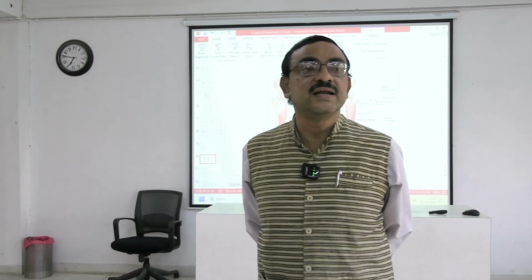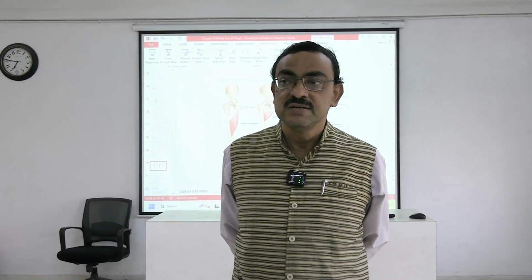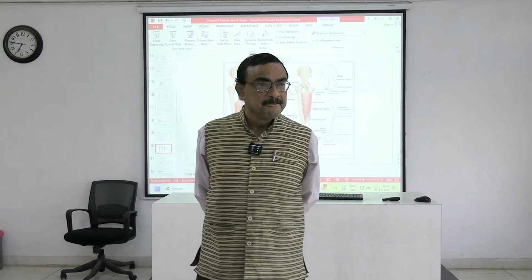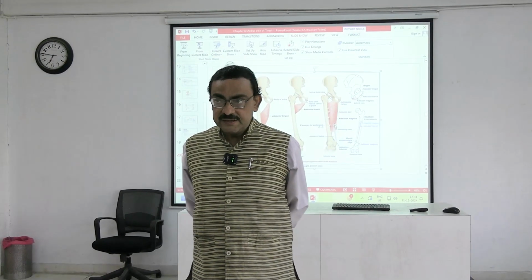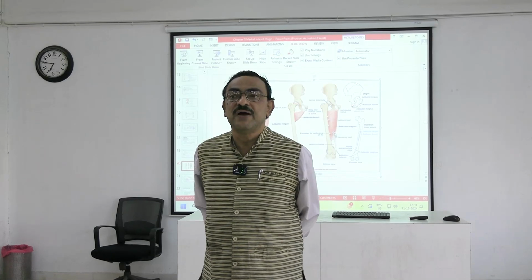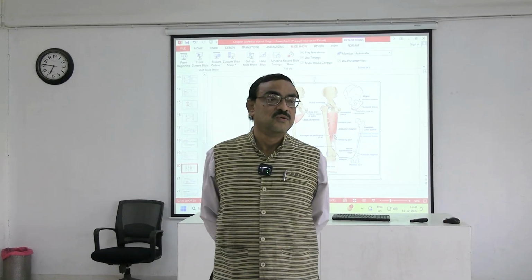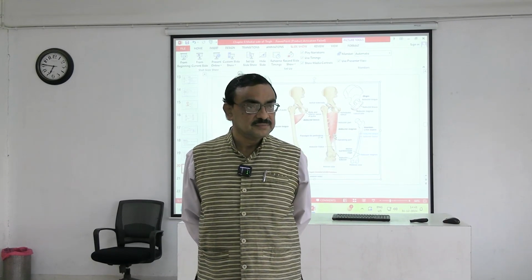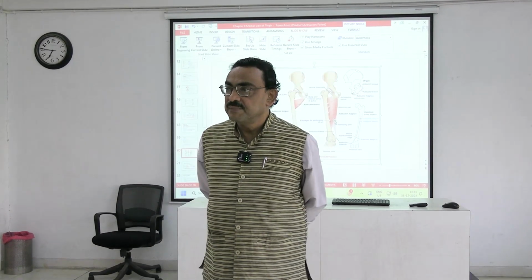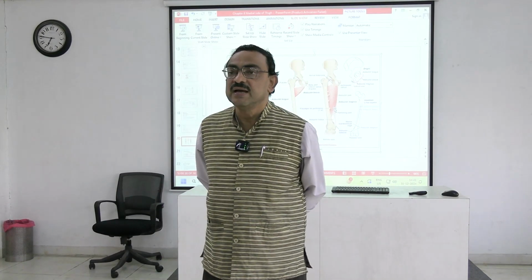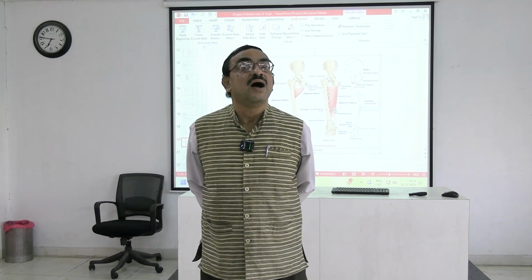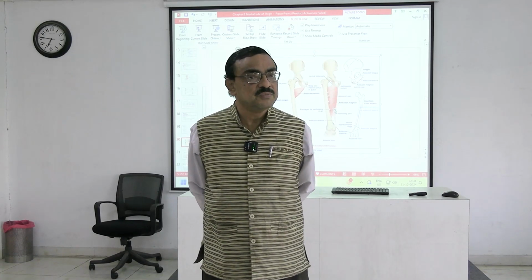The deep femoral artery, or arteria profunda femoris, takes origin from the lateral side of the femoral artery, around 3.5 centimeters below the mid-inguinal point. That means the midpoint of the inguinal ligament is the mid-inguinal point.